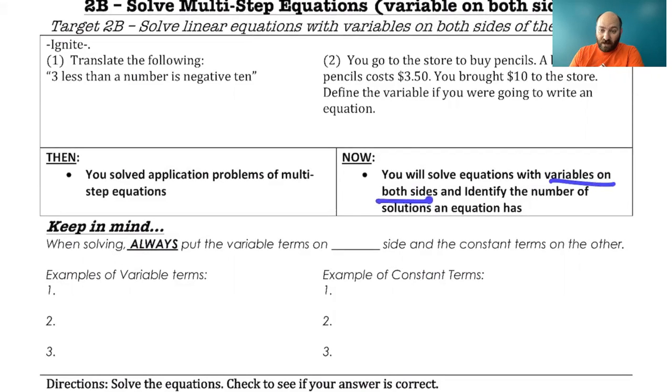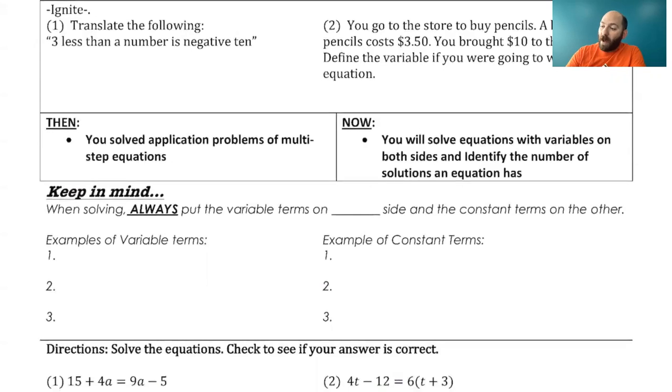Another thing we're going to cover today is identifying the number of solutions an equation has. Keep in mind, when solving, always put the variable terms on one side and the constant terms on the other. When I talk about variable terms, I'm talking about things like 2x. In the future, we'll have two variables at a time.